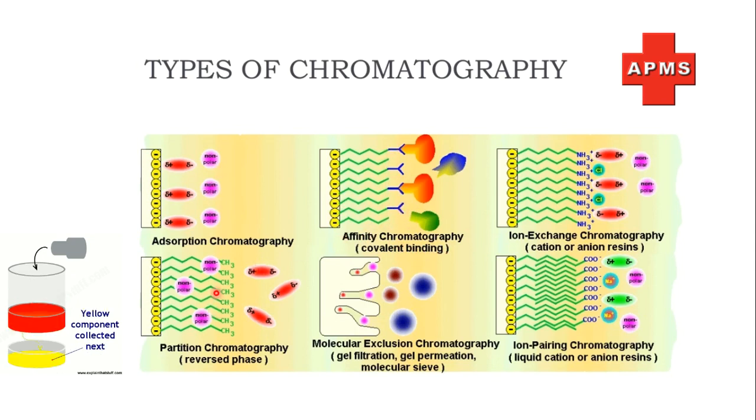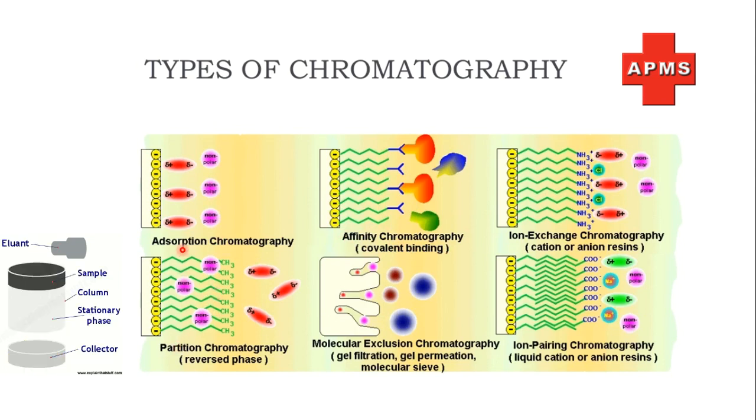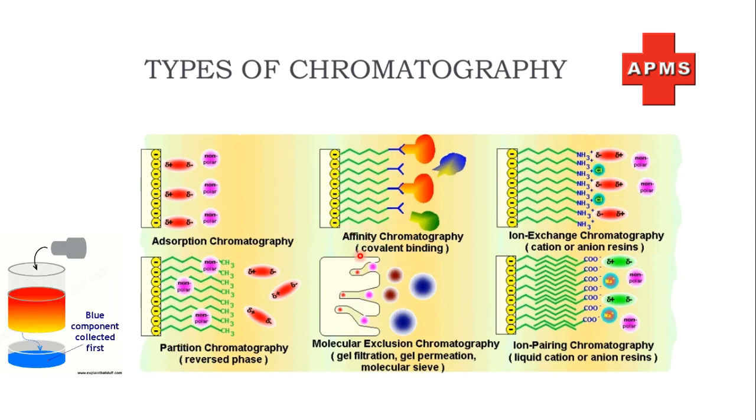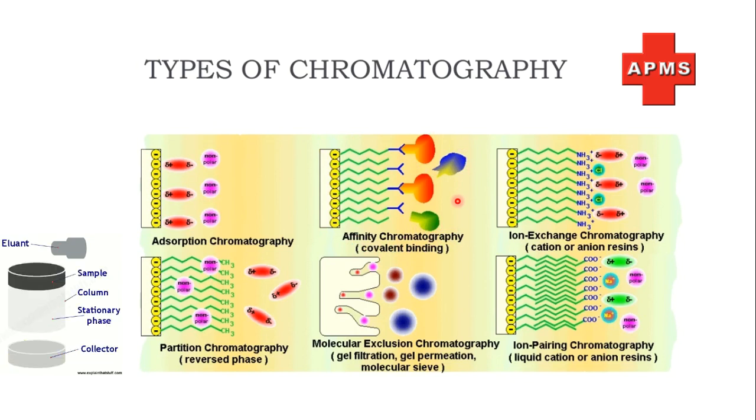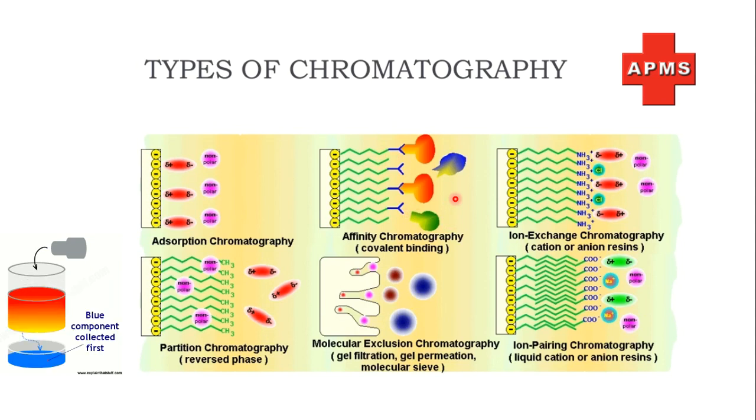In both of these, partition and adsorption, only physical interaction takes place. But in affinity chromatography, covalent binding takes place, which is stronger compared to both. We use this chromatography where we want to purify a compound, where impurities permanently bind to this stationary phase, and the needed compound goes through the column and is separated from these impurities.